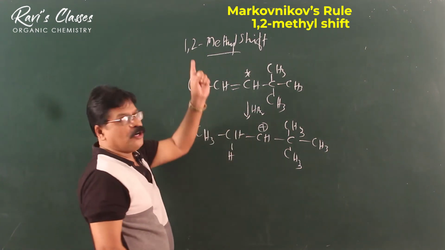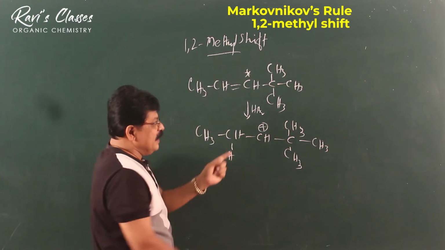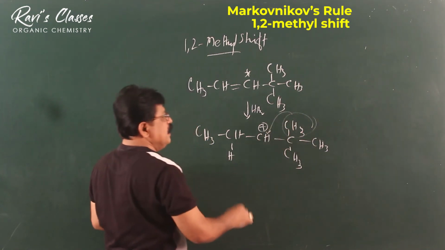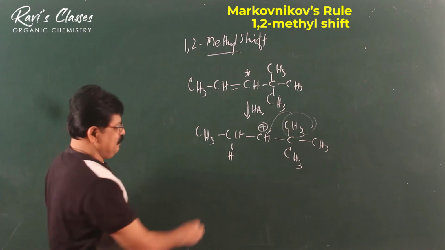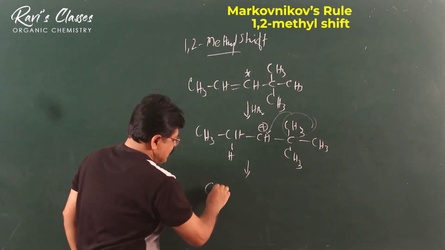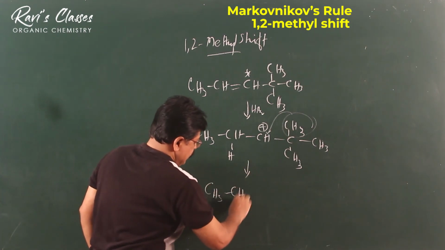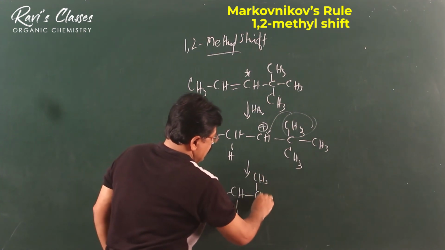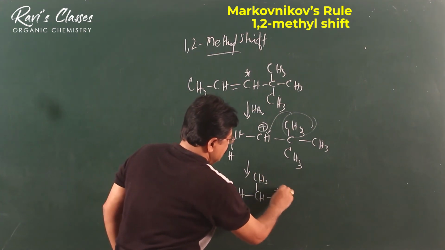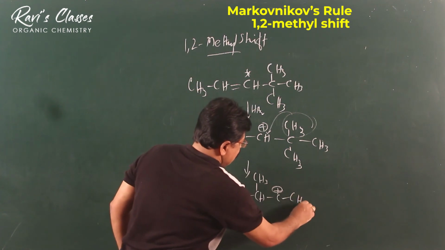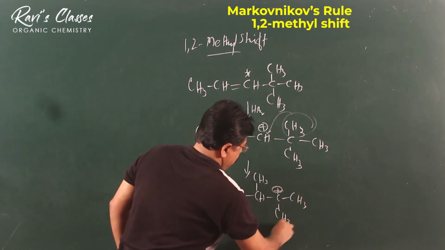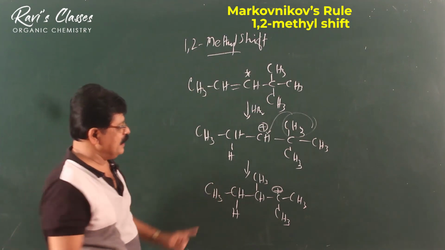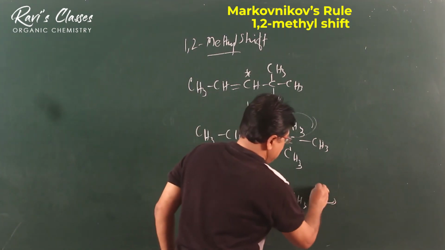Now we talked about hydrogen shift. Here a methyl group also can make a shift. It is called the 1,2 methyl shift. And very interestingly, the carbon cation is now at this tertiary carbon. So this is called 1,2 methyl shift.